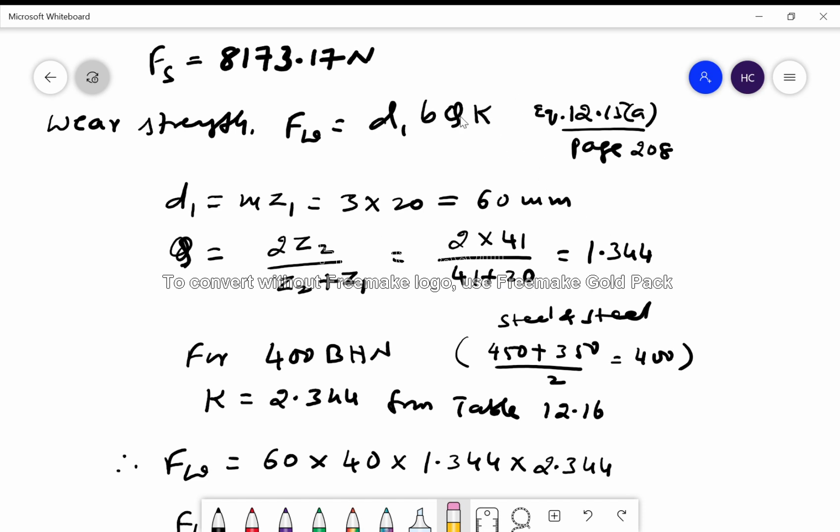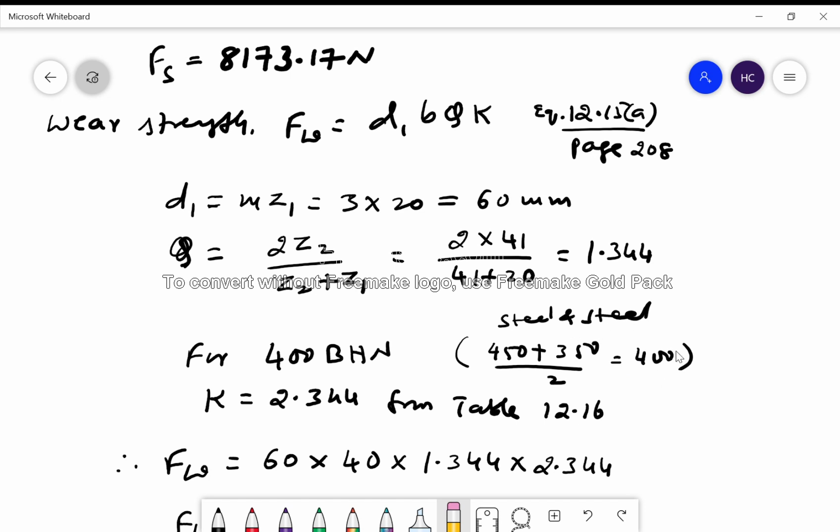And we need to find out K, load stress factor K. For Bhn 400, we need to consider steel pinion and steel gear because it's given same material. So we have this 400 Bhn in that particular table.